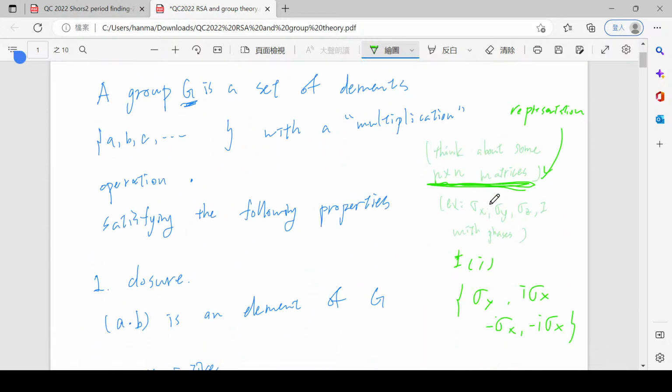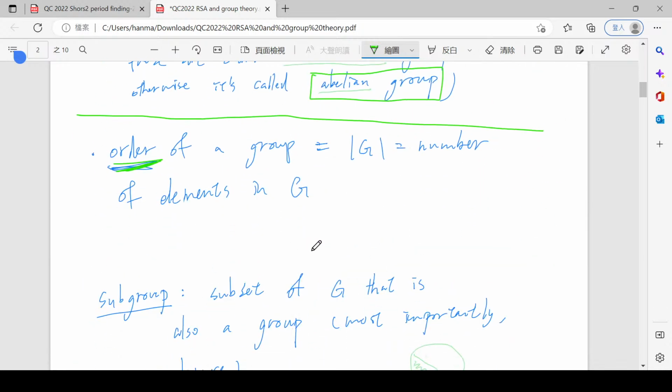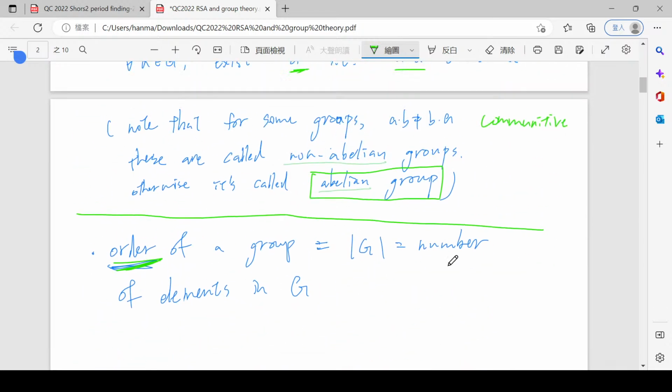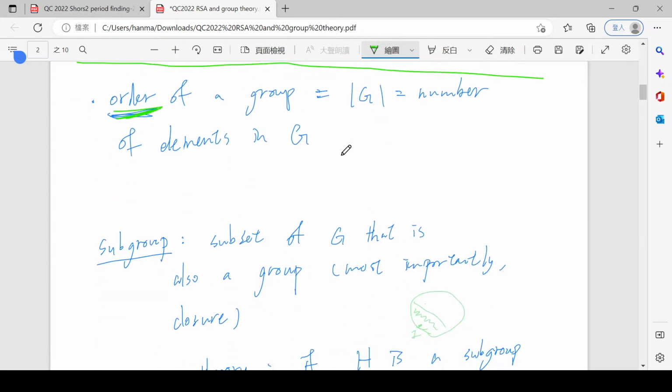For example, here the order is 4, if you are not distinguishing the phase: 1, 2, 3, 4. It's also denoted with the absolute value of G. This is basically standard set notation, right? You think of G as a set, and the absolute value of the set is the number of elements inside. So this should be pretty intuitive. That's the order of a group.